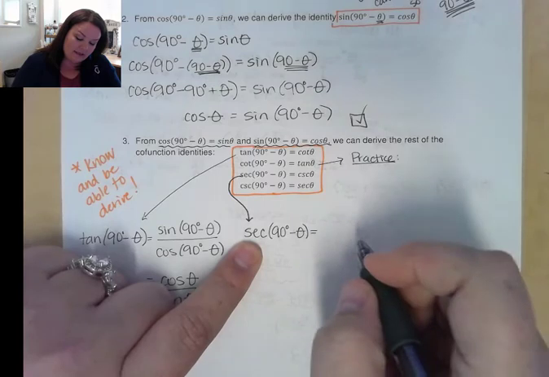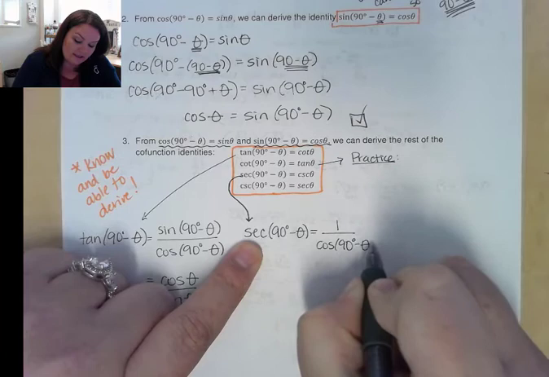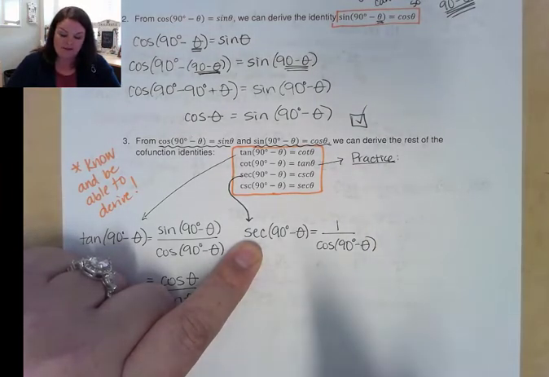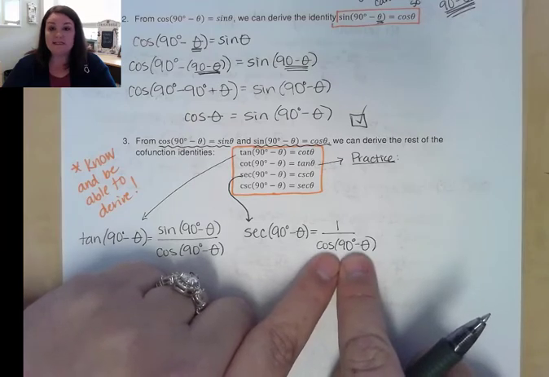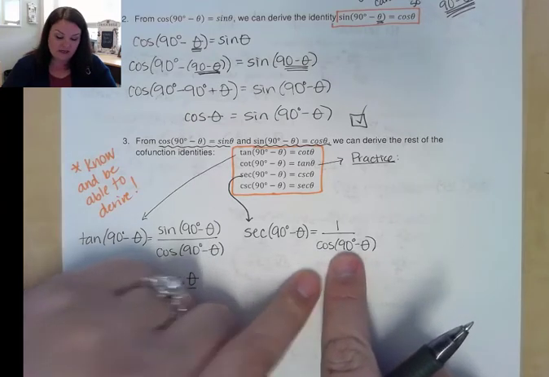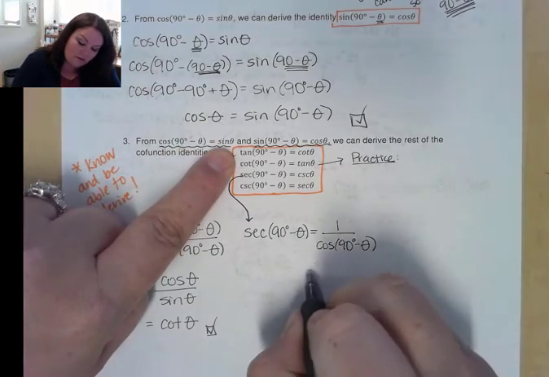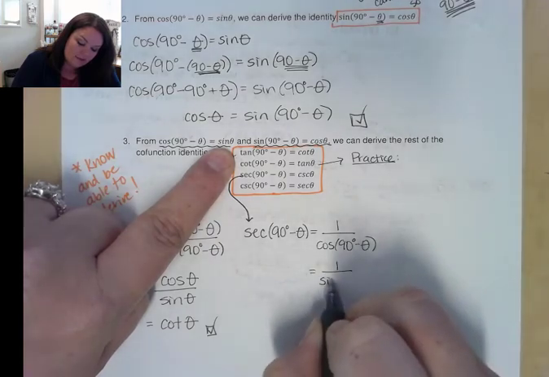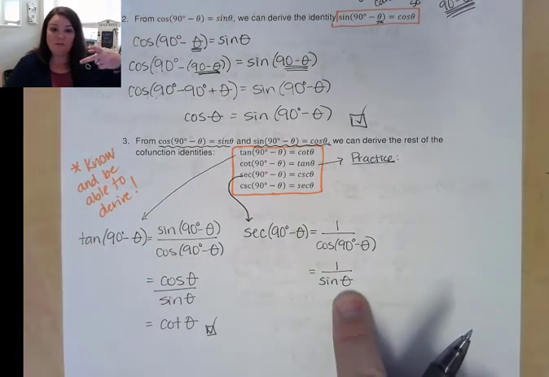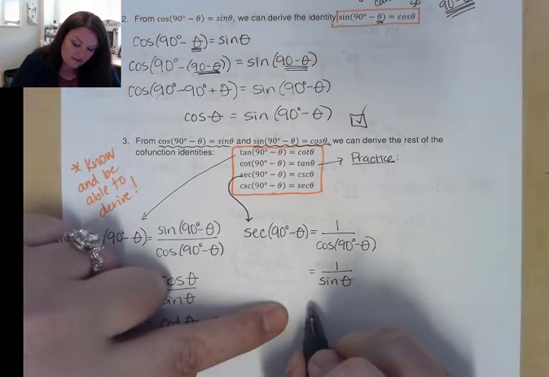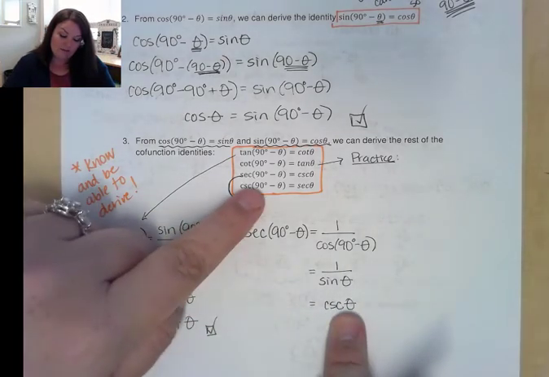So I could rewrite this as 1 over cosine of 90 degrees minus theta, right? And then cosine of 90 degrees minus theta, that's one of the identities I just proved at the top of the page. Cosine of 90 degrees minus theta is equal to sine theta. So this means this is the same as 1 over sine theta. And then 1 over sine theta, that's a reciprocal identity, right? 1 over sine is the same thing as cosecant theta, which is exactly what I was trying to prove.